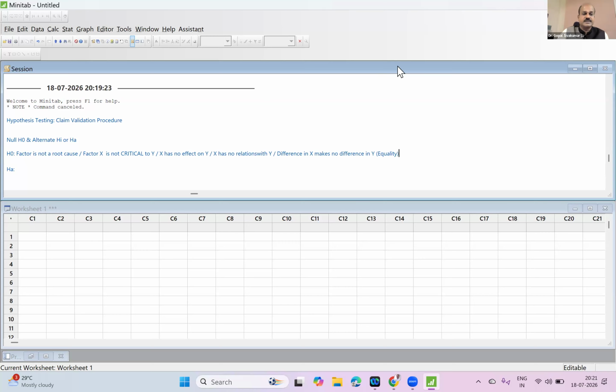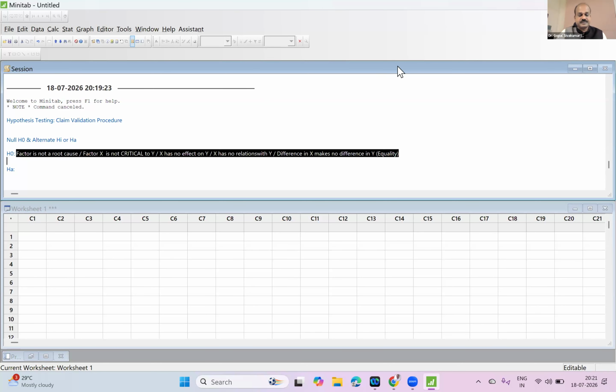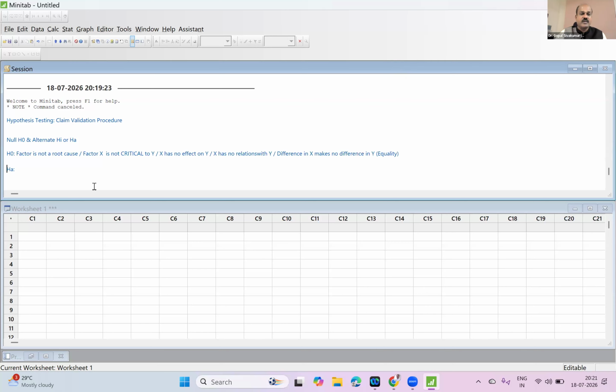And then the alternate. I just have to make the opposite. Factor is a root cause. Factor X is critical to Y. You can also read along with me.